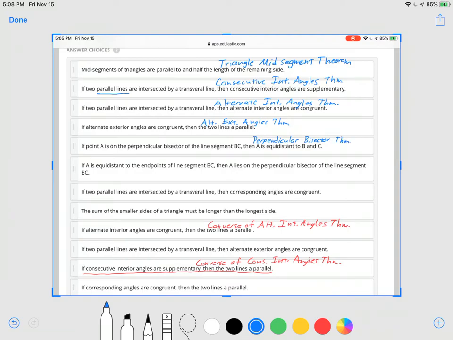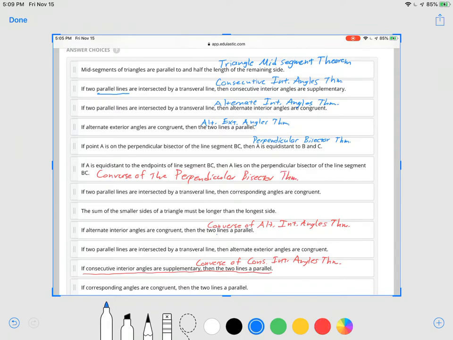Next one, if A is equidistant to the endpoints of a line segment BC, then A lies on the perpendicular bisector of the line segment BC. This is the converse of the perpendicular bisector theorem.